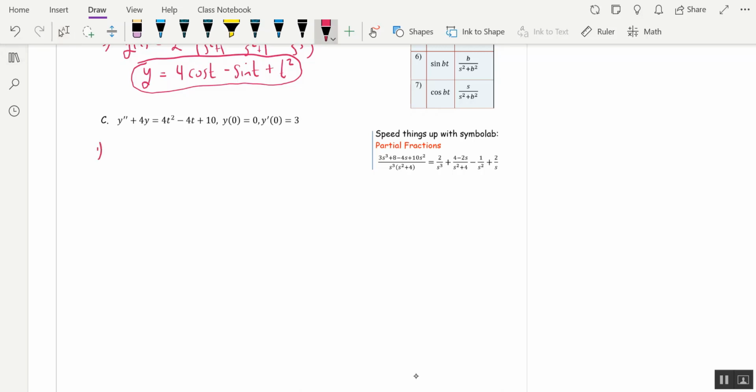Step 1, L of both sides. L of y'' plus 4y is equal to L of 4t squared minus 4t plus 10. Okay, now let's compute those Laplace transforms.